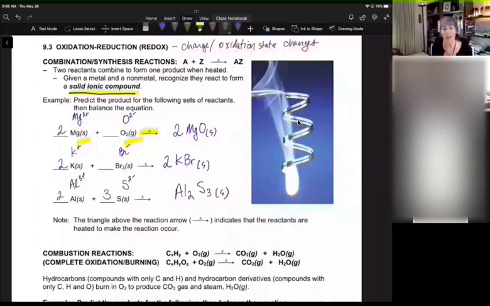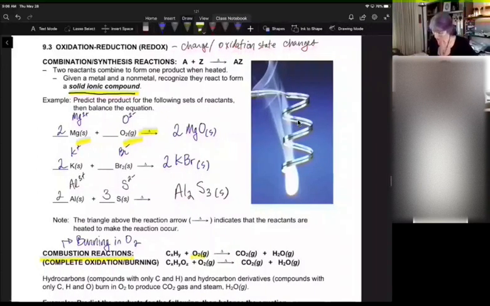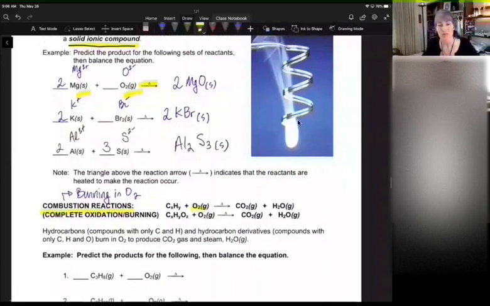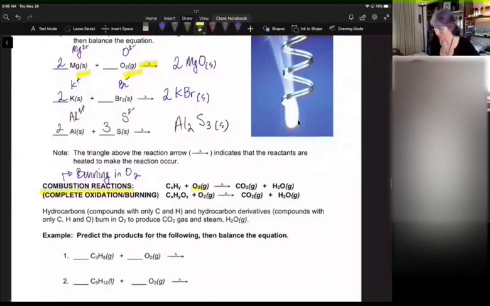We have another kind of oxidation reduction reaction, and that is combustion. So this means burning in oxygen. We're always going to see oxygen as a reactant. And it requires heat, right?